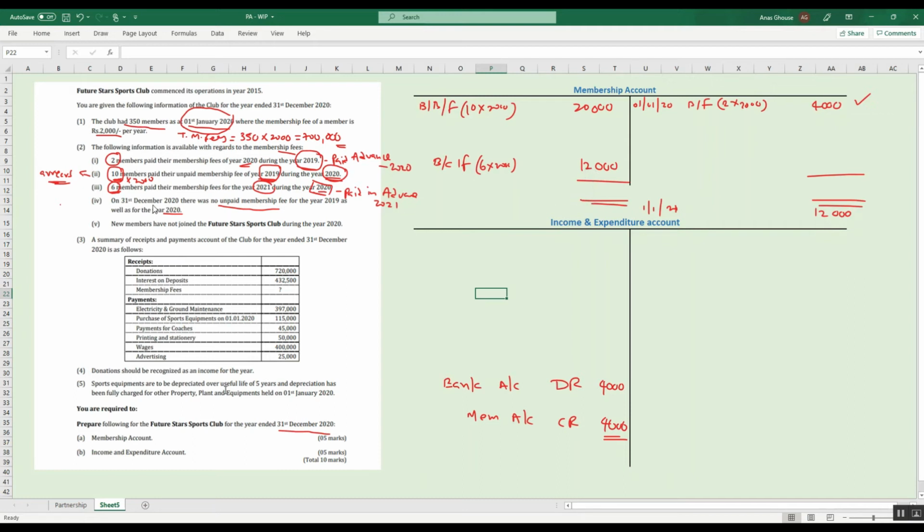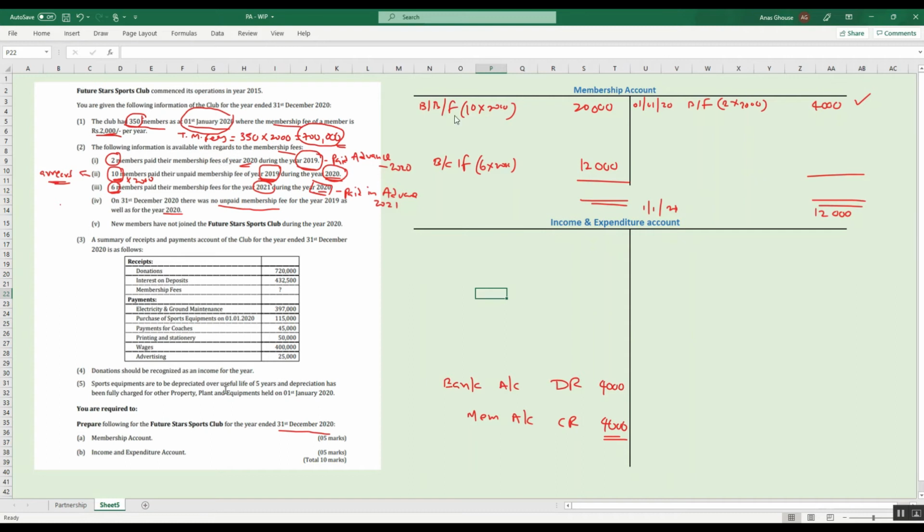Then on 31st December 2020 there was no unpaid membership fees. Since the sports club had 350 members and the membership fee is 2,000 per year, the total amount to be received from the members will be 700,000.